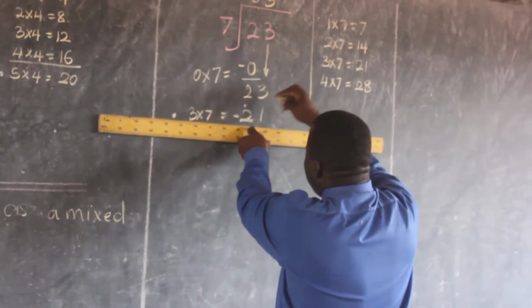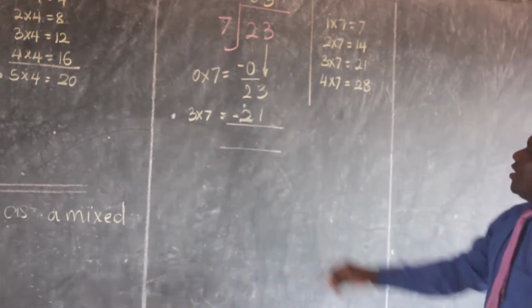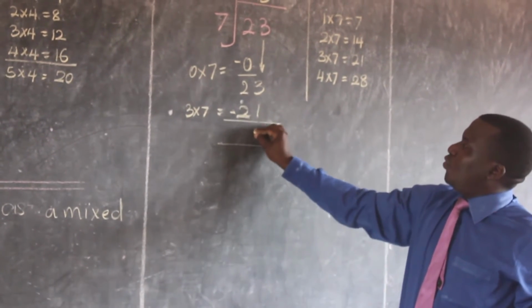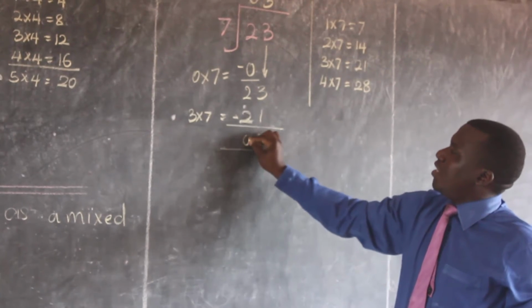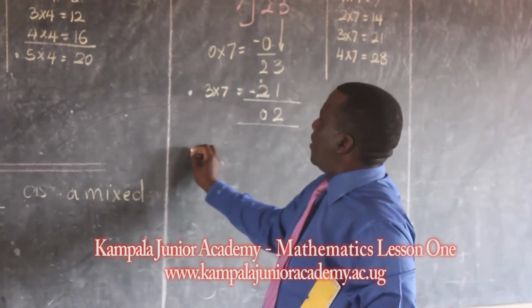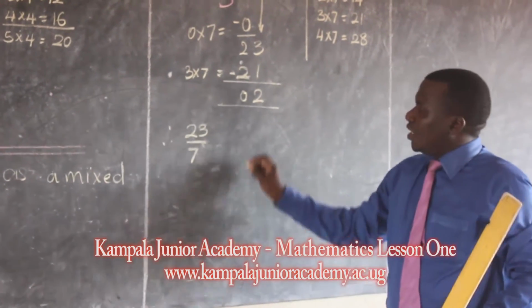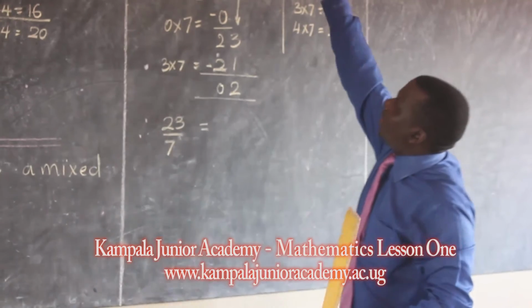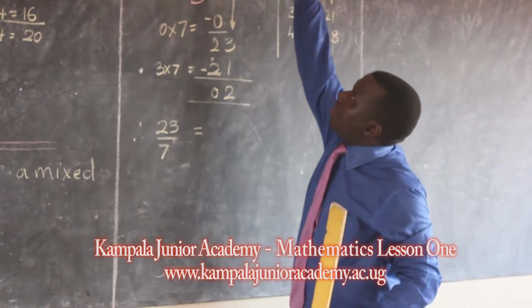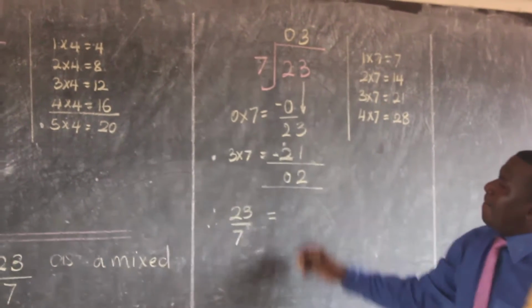And when I subtract, I remain here with the 2, I remain here with the 0. So how do you now write 23? Therefore, 23 out of 7 gives us, remember we said the answer you got up here is the whole number.